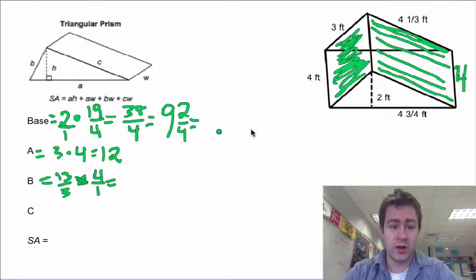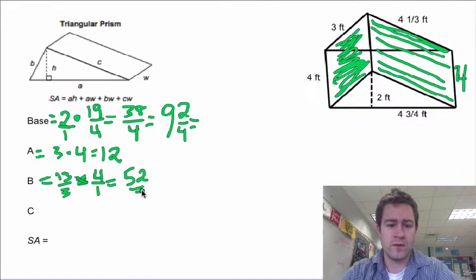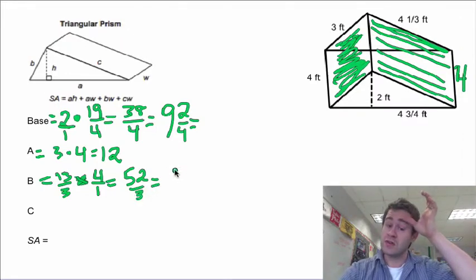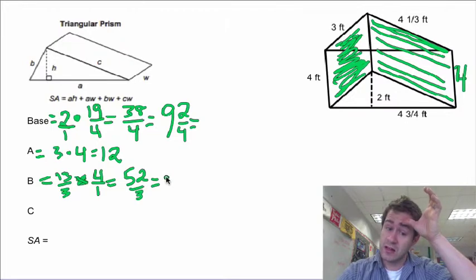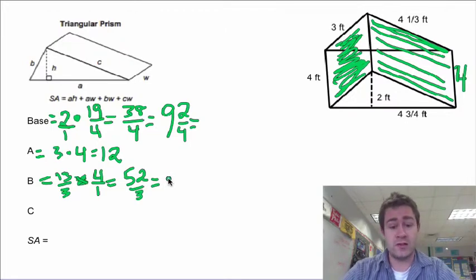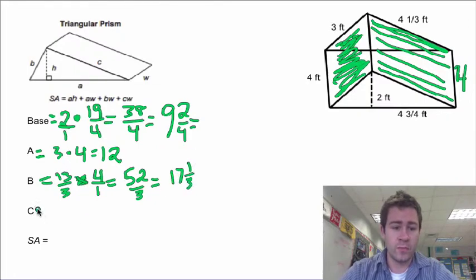So I end up doing 13 times 4, 52. 52/3. And then I convert that to a mixed number. So I get 17 1/3: 17 whole groups of 3 and 1/3 more.